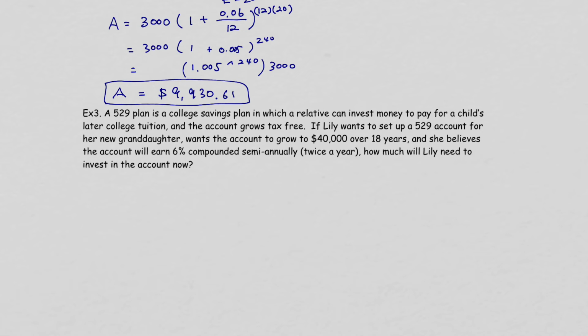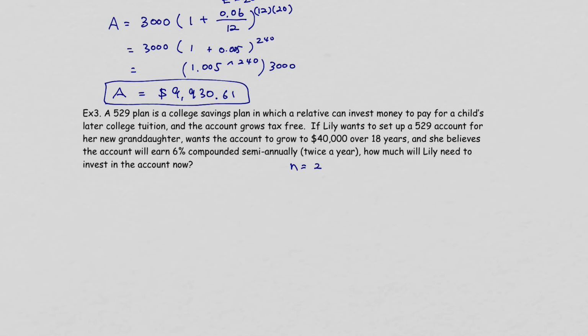So here, they're talking about your account growing all the way to 40,000 over 18 years. And she believed it was 6%, compounded semi-annually, which is twice a year. So that's going to be n equals 2.